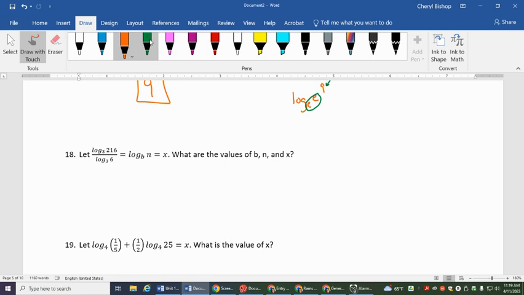So that can be combined into one log with a new base, where the of in the denominator is the new base, and the of the numerator is the new of. So this is going to become log. My new base is going to be 6, and my of is going to be 216.